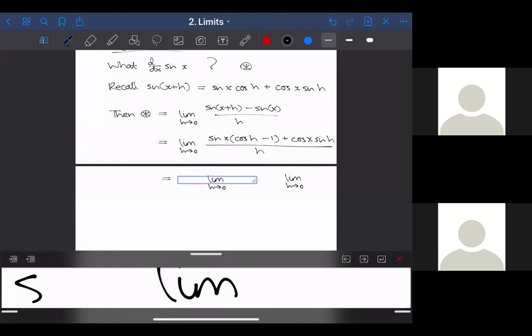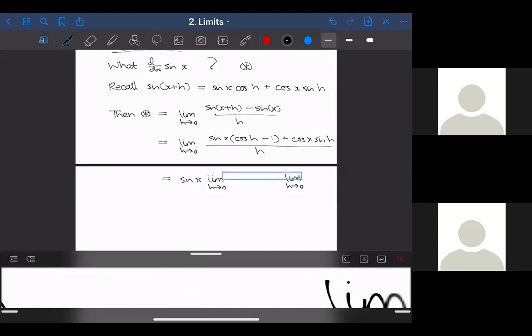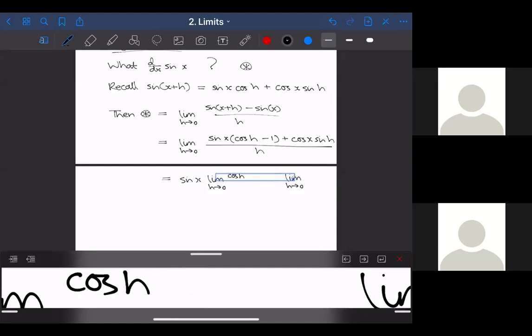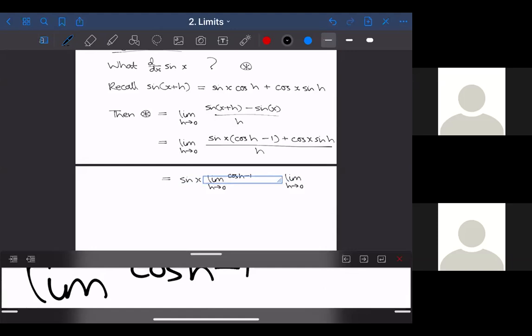Then sine x in this limit is a constant. x is not changing in the limit, just h is changing in the limit. So I can take sine x out, and the question is, what is the limit of cos h minus 1 over h?